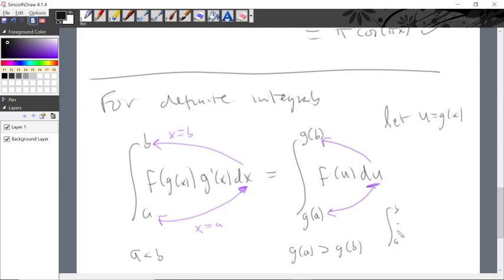Recall that if we have an integral from a to b, we can flip the bounds and make it from b to a of f of x dx. We can always flip the bounds by changing the sign of the integral to negative instead. That's how we would deal with any situation which might cause us to switch the order of the bounds, just in case that happens, because it does happen in certain cases. As you move into Calculus 2, you're more likely to run into those cases.